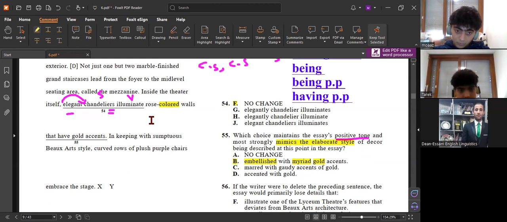Yes or no? Yes, it mentioned elaborate style of decor. We have decor here, embellished. Yes or no? All right, yes. But Muaz chose A. Okay, Muaz, we have golden accents, but we don't have anything about decoration, because the question asked for that. So it asks for the positive tone and style, so we have to target that in the question.